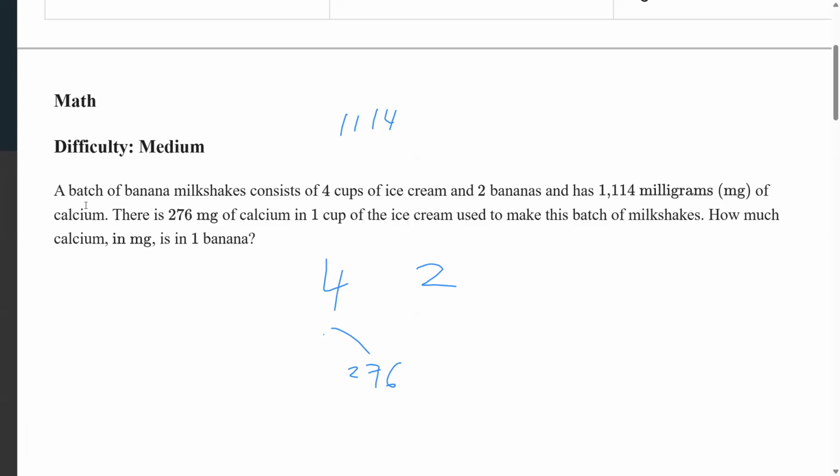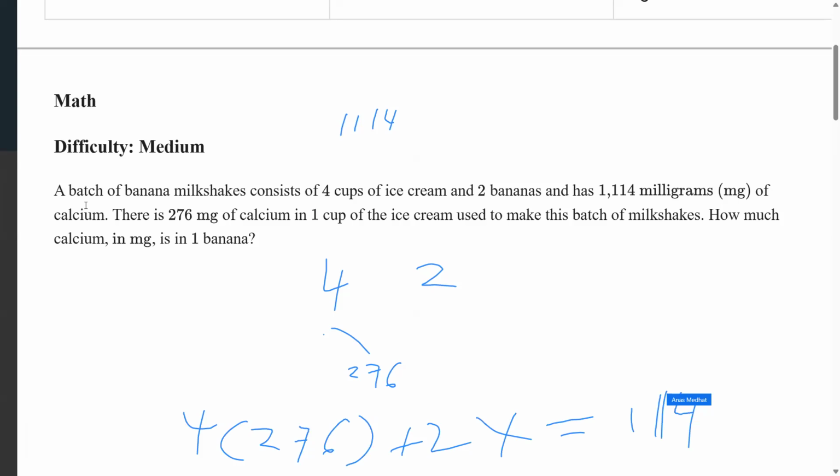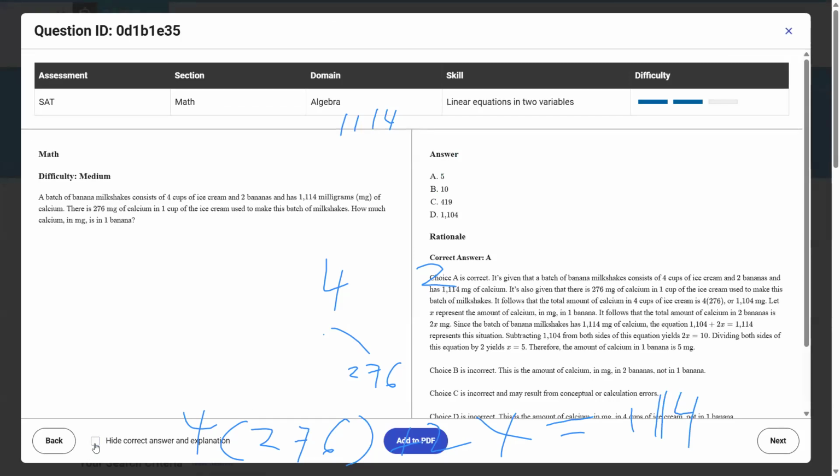So we multiply 4 times 276 plus 2 times x, the amount of calcium in 1 banana, equals 1114. Now we'll shift it to the other side and calculate it. It will be 10 over 2, which is 5. So each banana should contain 5. The answer should be E. Yes, correct.